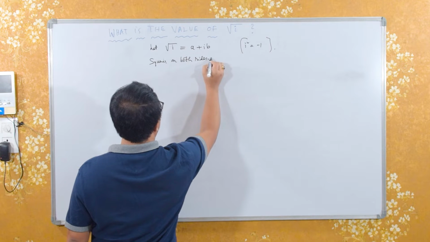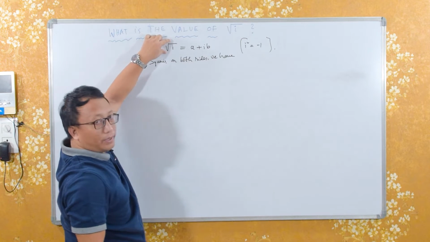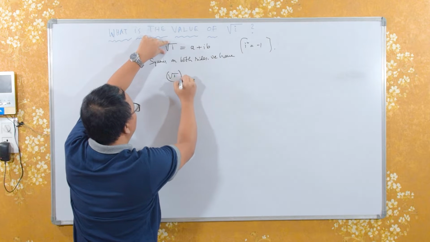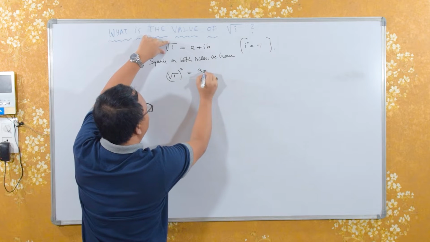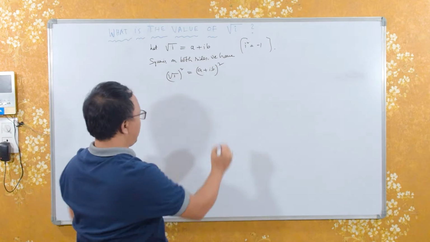If I square on both sides, here (√i)² is equal to (a + ib)². This is (a + ib)², which is a² + 2·a·ib + (ib)².